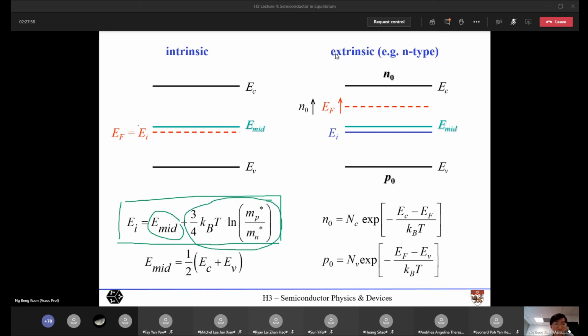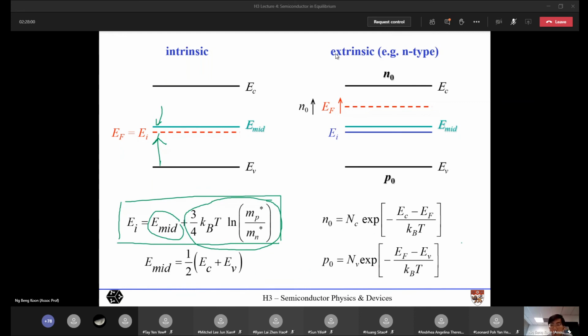If you look at this illustration here, you notice that the difference between Emid and the EI is small. So in most cases we can just assume that it's the same, unless, like I said, the question requires you to calculate the actual separation. If not, you can just assume it's the same.